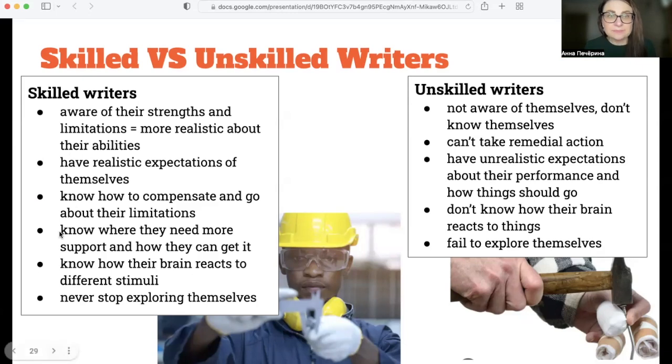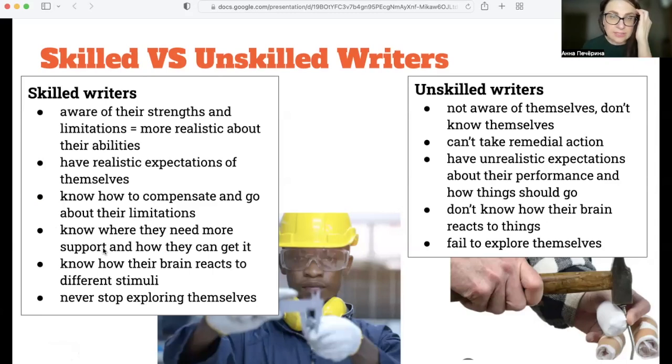Since they're more aware of those, they know where they need more support. If we have some limitations, we might need more support at those points, right? And they have to know how they can get it.